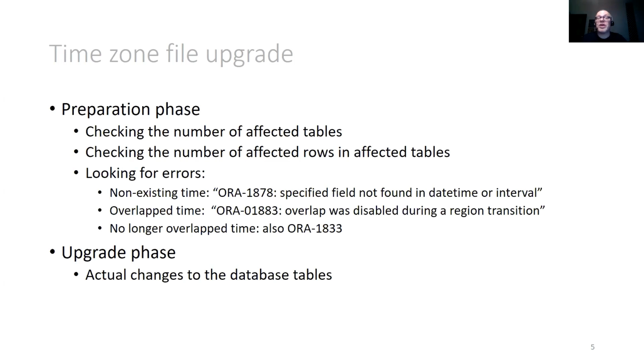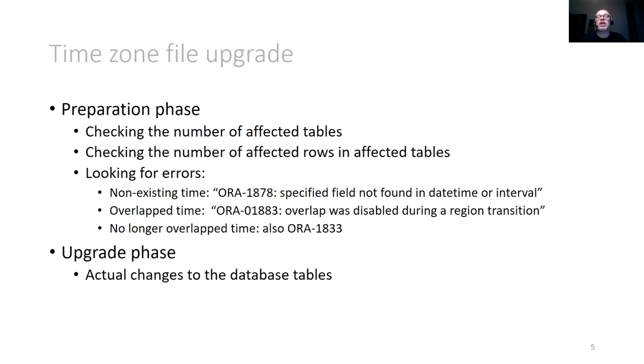So if we had such a timestamp and now we try to upgrade the time zone file, we cannot update the timestamp directly to keep the same local time, because this local time does not exist anymore, right? So this is the error of non-existing time.